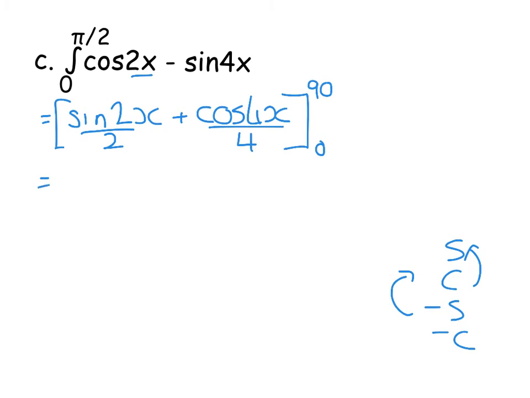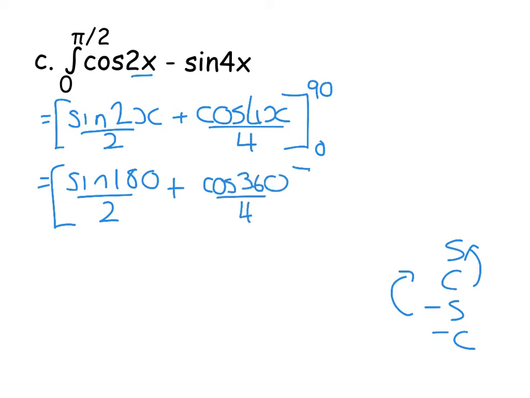So this gives you sine of 90 doubled, which is sine of 180, and then halved, plus cos of 360, and then quartered. Take away sine of 0 halved, plus cos of 0 over 4.